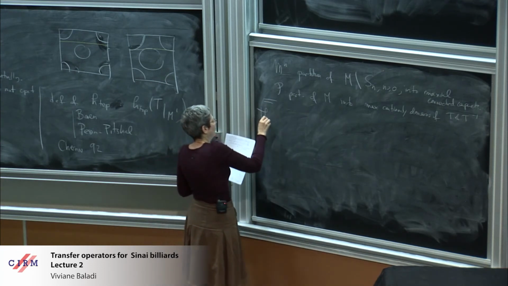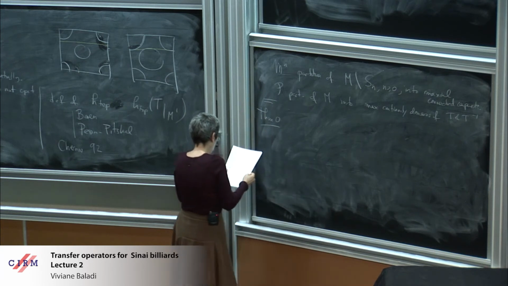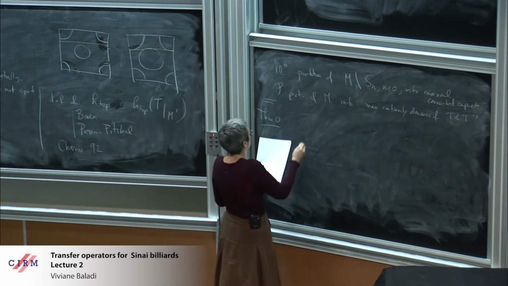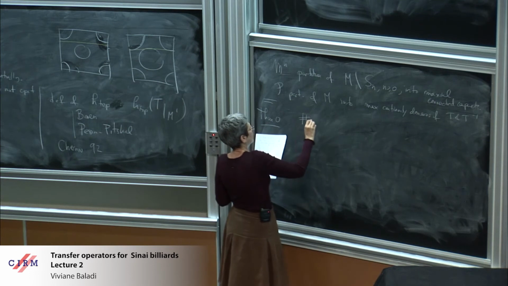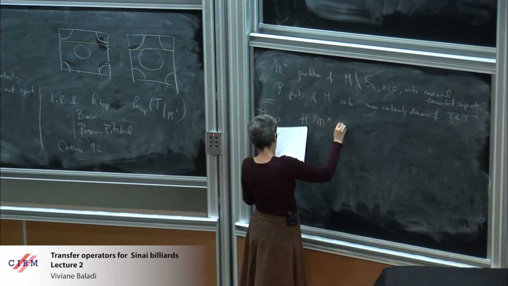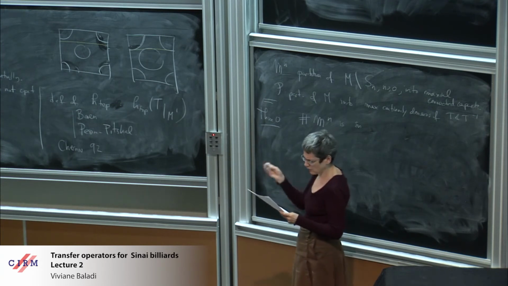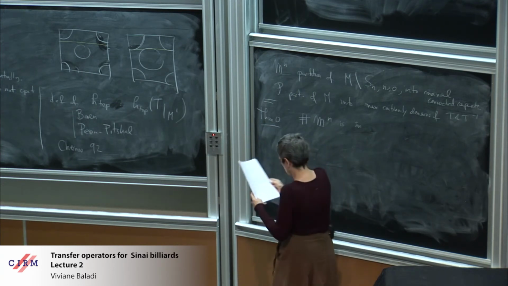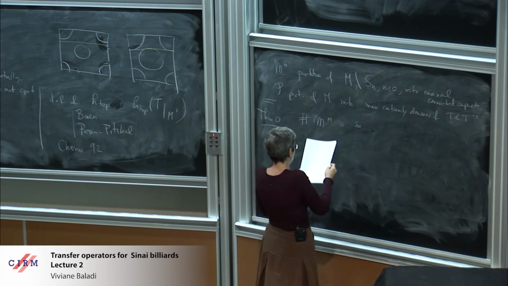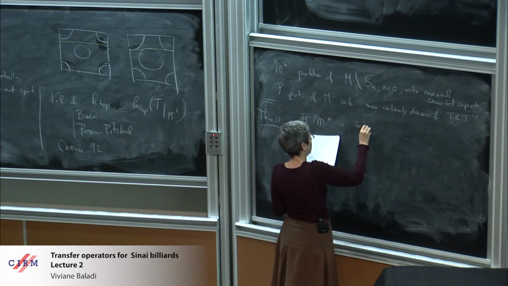So the first theorem says that the cardinality of Mn is, it's like this counting, I forgot how Vaughan was calling them, counting bounds that Vaughan was talking about. But this is an easy one. So this is submultiplicative.